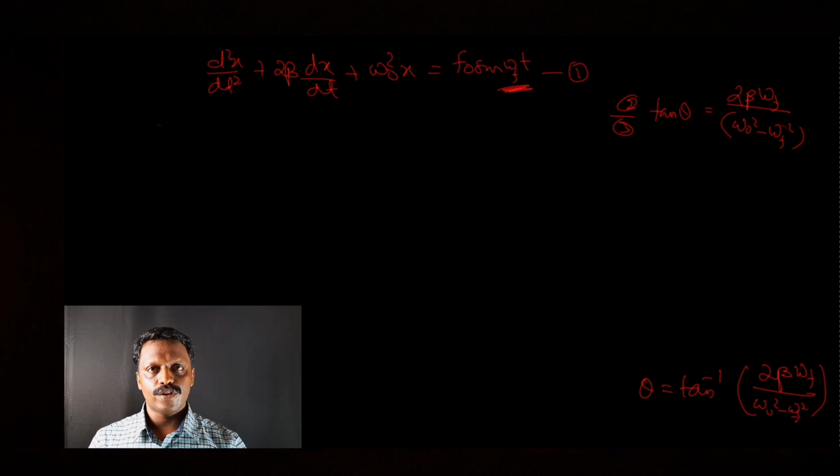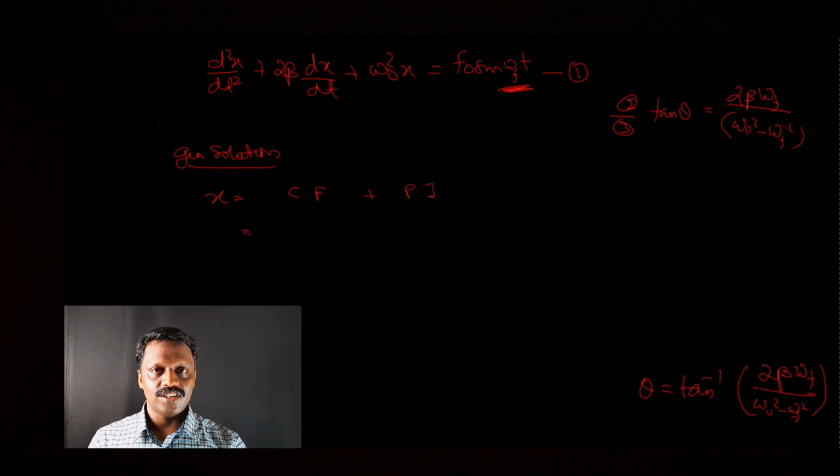The differential equation for the forced harmonic oscillator, that is represented by equation 1, d square x by dt square plus 2 beta dx by dt plus omega naught square x is equal to f naught sin omega f t, has a solution that is the sum of two parts, complementary function and particular integral.